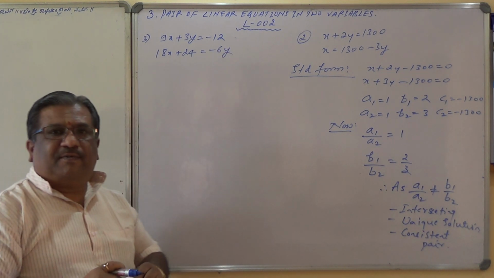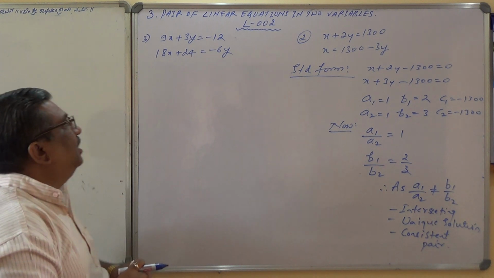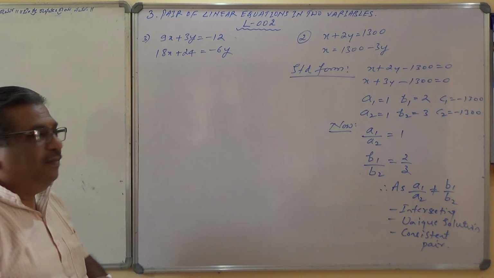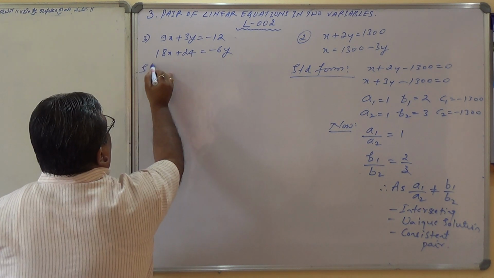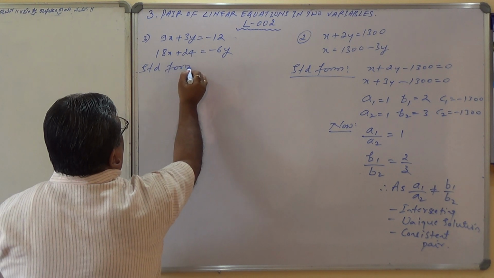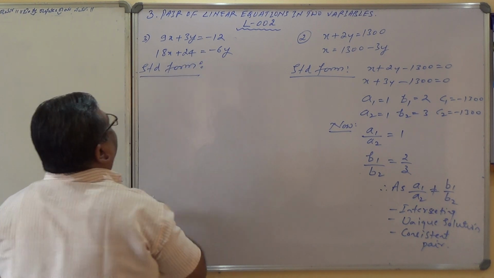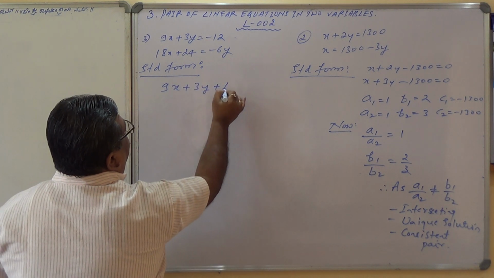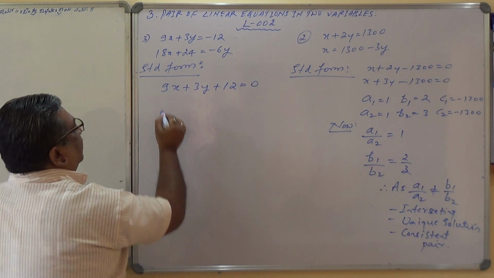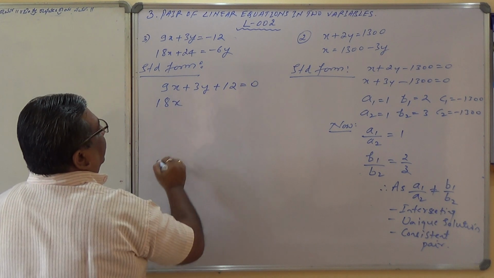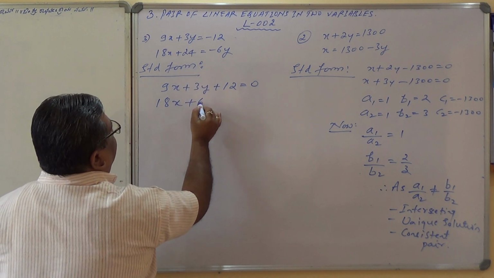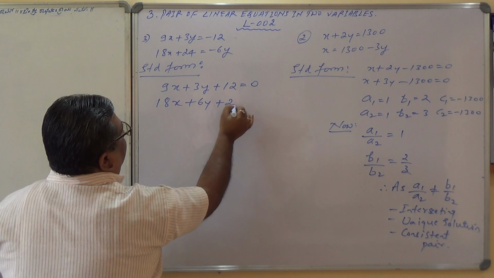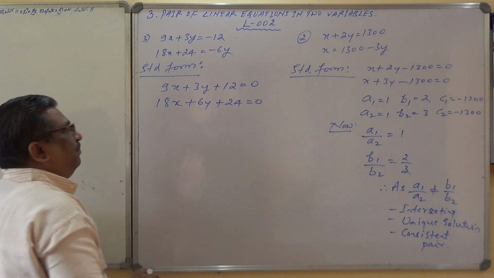Are these in standard form? No. Let me write them in standard form. 9x plus 3y plus 12 equals 0, 18x plus 6y, transposing it, plus 24 equals 0.